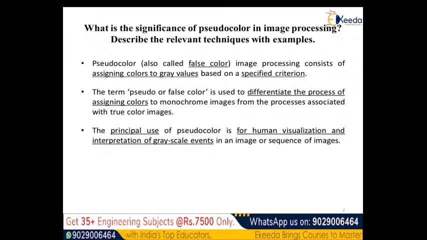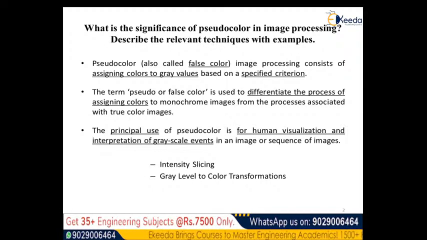But the two simplest techniques here are intensity slicing, and the next one is gray level to color transformation. If you describe these two techniques which belong to pseudo color image processing, I think this will be enough. So here we first of all have the details of intensity slicing and then the gray level to color transformations.